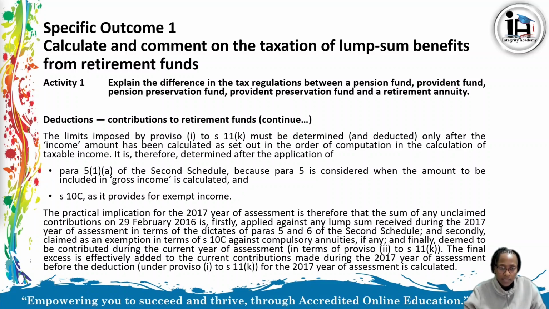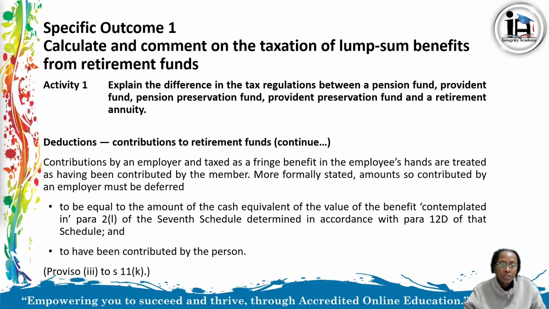The final excess is effectively added to the current contributions made during the 2017 year of assessment before the deduction under proviso 1 to section 11K for the 2017 year of assessment is calculated. Contributions by an employer and taxed as a fringe benefit in the employee's hands are treated as having been contributed by the member.